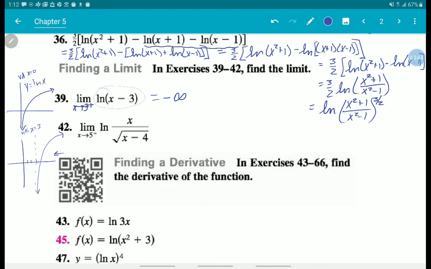42 is asking you to take the limit as x approaches 5 from the right of the ln of x over square root of x minus 4. The first thing you always want to do is ask, can I plug that number in? So if we were to plug that number in here, we're going to have the ln of 5 over square root of 1, which is going to be 5 over 1, which is going to be 5.